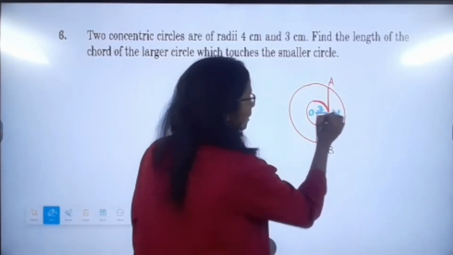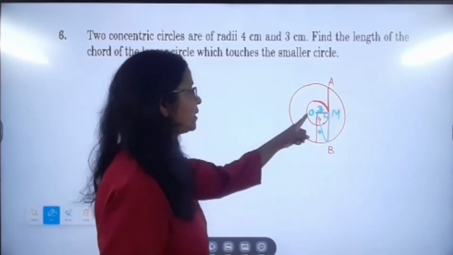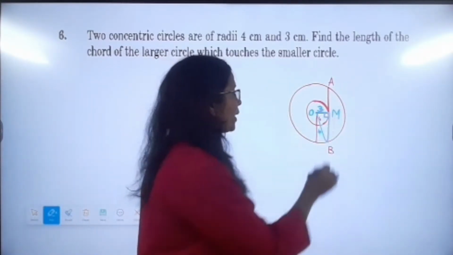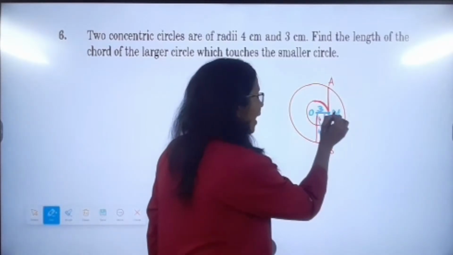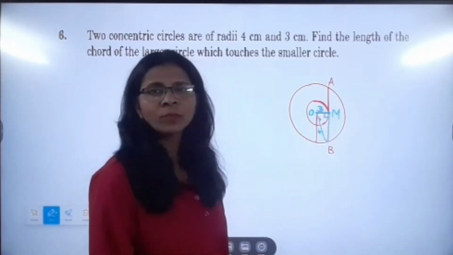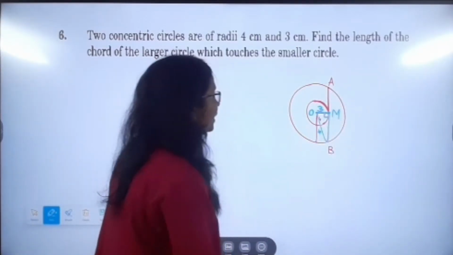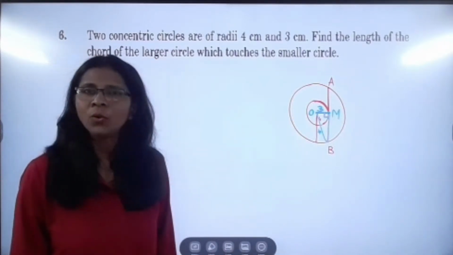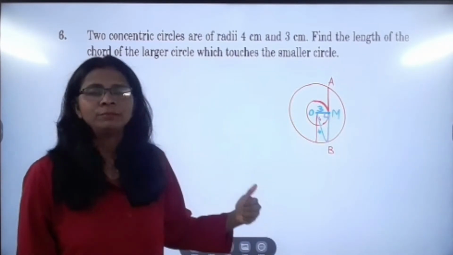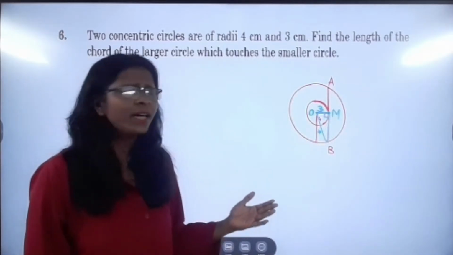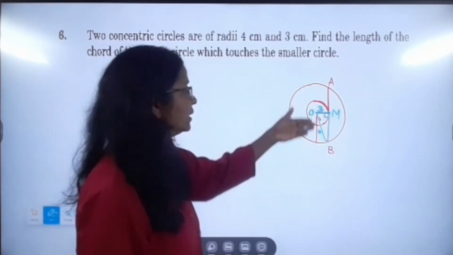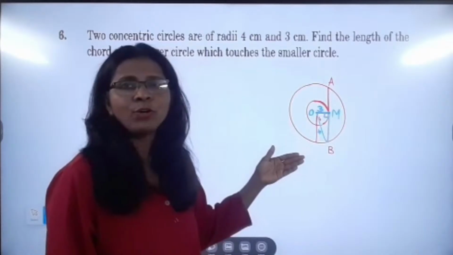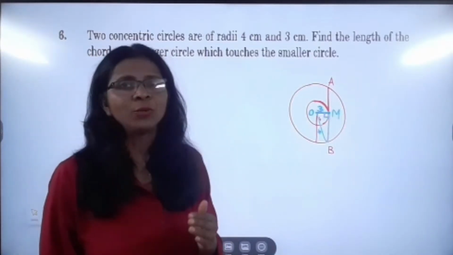If I represent the center as O and the contact point as M, then triangle OMB will be a right angle triangle, and we can get the value of MB by using the Pythagoras theorem.